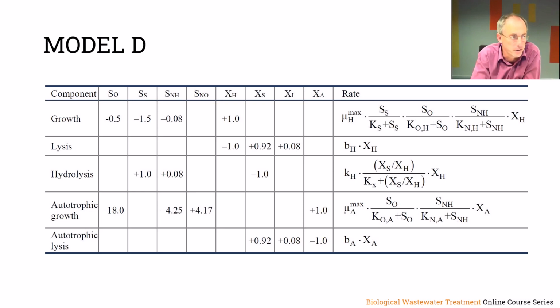Now for the nitrification, there we have an amount of oxygen consumed, an amount of ammonia consumed, an amount of nitrate produced, and 1 unit per unit of biomass produced. It's again growth based. And you see that the amount of ammonia consumed is not exactly the amount of nitrate produced, again because ammonia is used for two things.